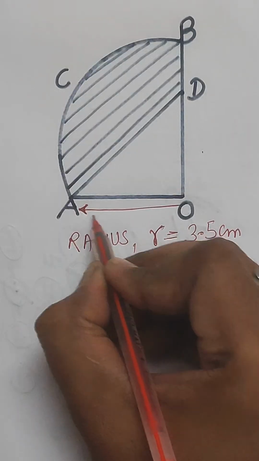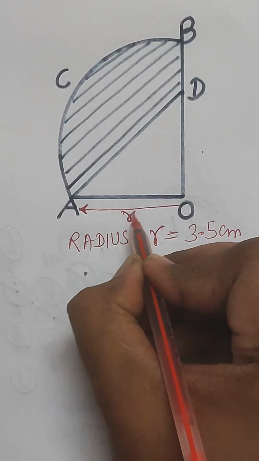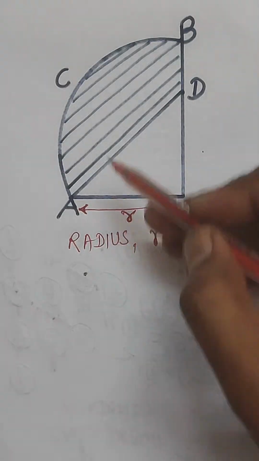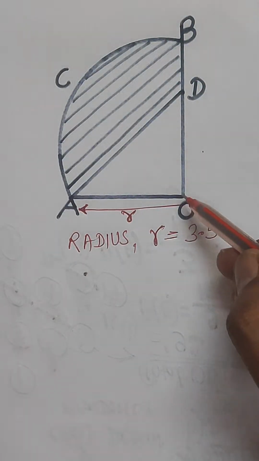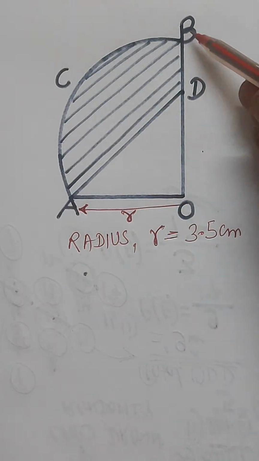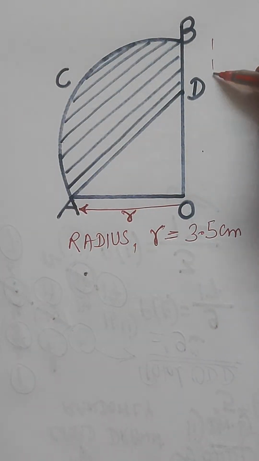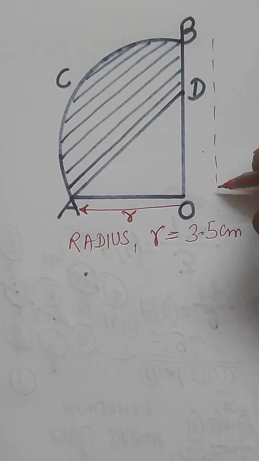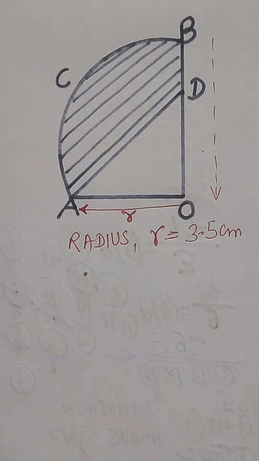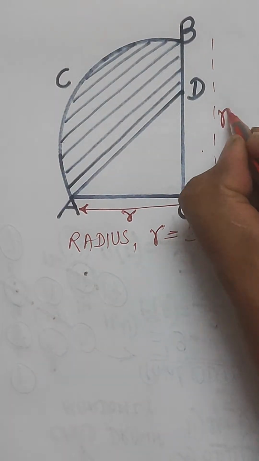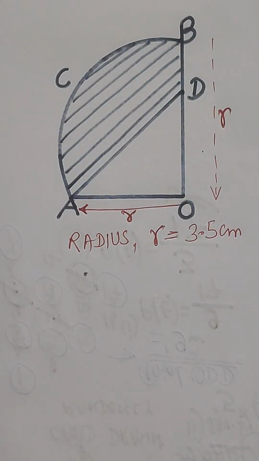Though this figure is not as per scale, as it's given that OACB is a quadrant, OA will be equal to OB. So here this is also equal to R. Now, do you know what a quadrant is?